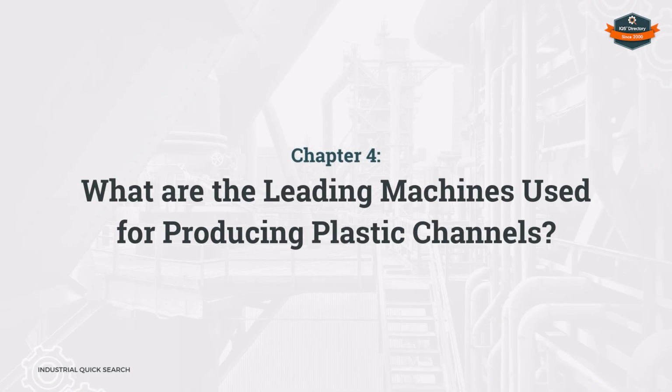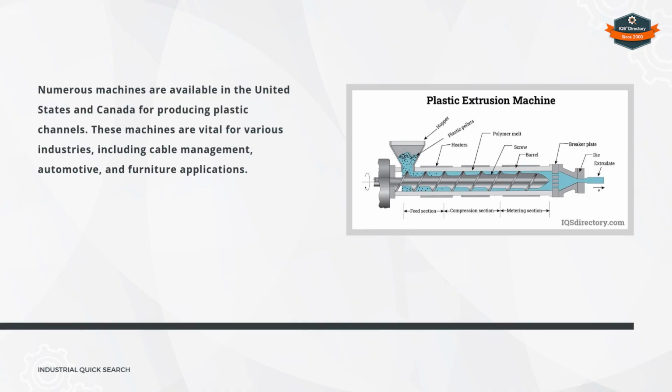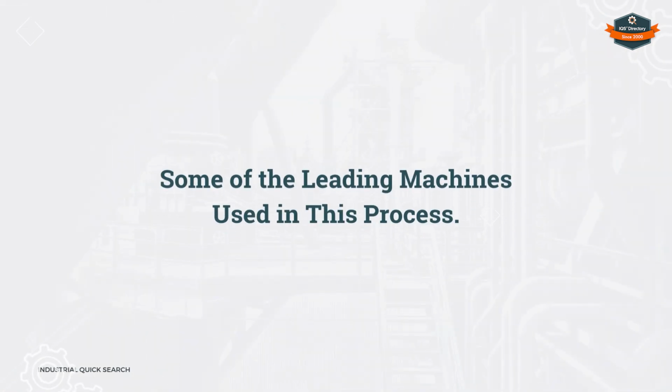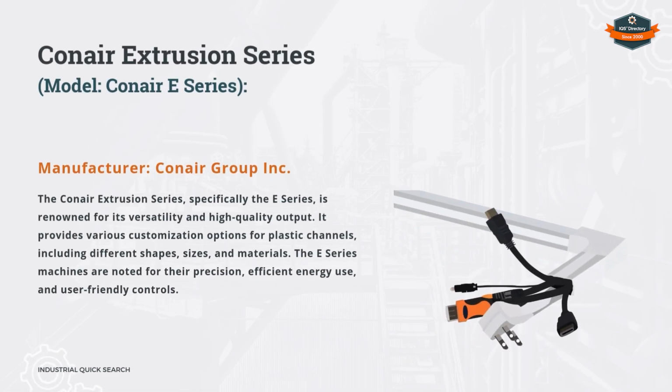Chapter 4. What are the leading machines used for producing plastic channels? Some of the leading machines used in this process: Conair Extrusion Series.